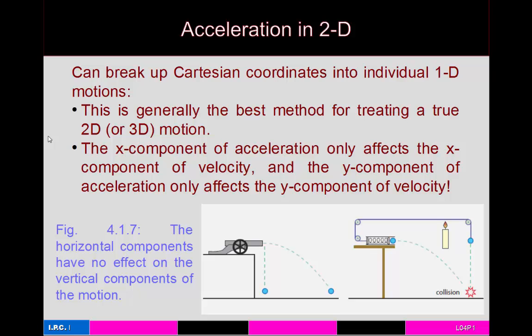So, for example, the x component of acceleration should only affect the x component of velocity, which in turn should only affect the x part of the position. And then the y component of acceleration affects only the y component of velocity and the y component of position. In other words, the x part of velocity does not affect the y part of position, and vice versa.